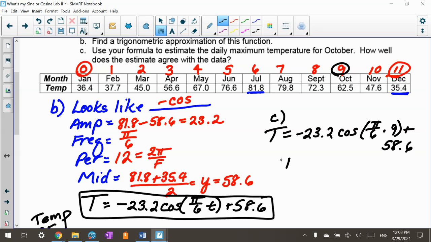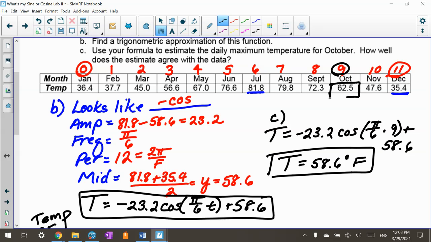Make sure you're in radians. When I do, I get 58.6 degrees Fahrenheit. How well does this match our graph? It's versus 62.5, so it's about 4 degrees less than it's supposed to be, but it's not bad for an approximation.